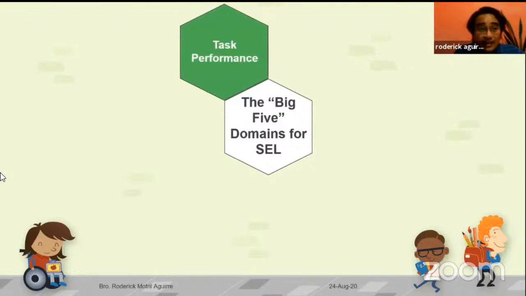We need to provide our students with a lot of tasks that they need to take on. And I believe that we need to strike a balance between individual task performances and group performances. If we only provide our students with a lot of group performance and no individual performances, we will not be able to see how well they know themselves.